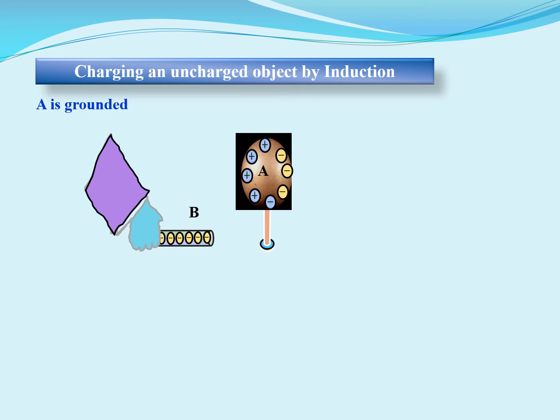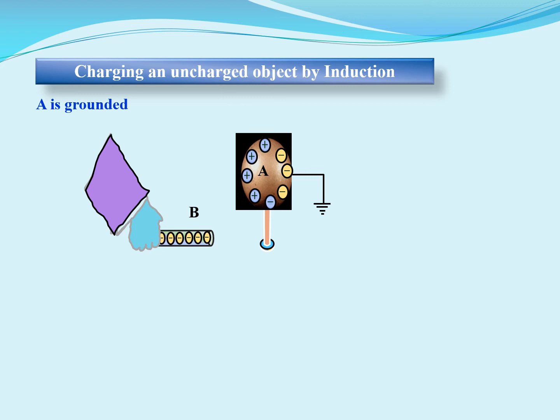We're calling it an uncharged body because it has a few charges, where it is shown that you have 4 positive charges and 4 negative charges on the surface of A. And now if we bring a negatively charged body in the form of B very close to A, all the charges would start moving from one end to the other end. That is, the positive charges on A move towards B and the negative charges on A move in the opposite direction of B, or you can say they start moving away from B due to repulsion.